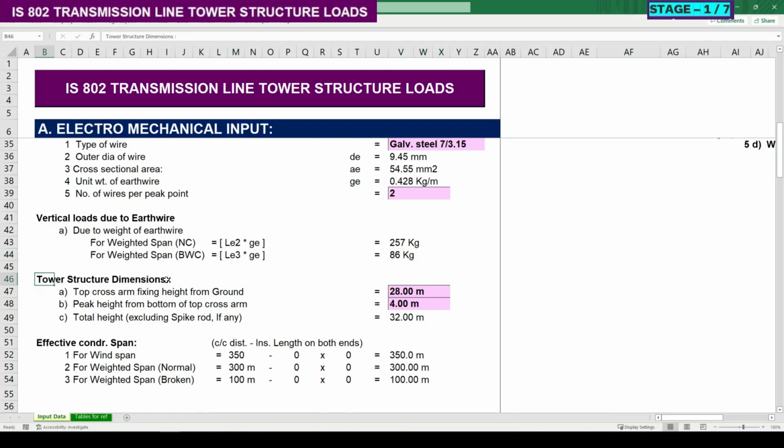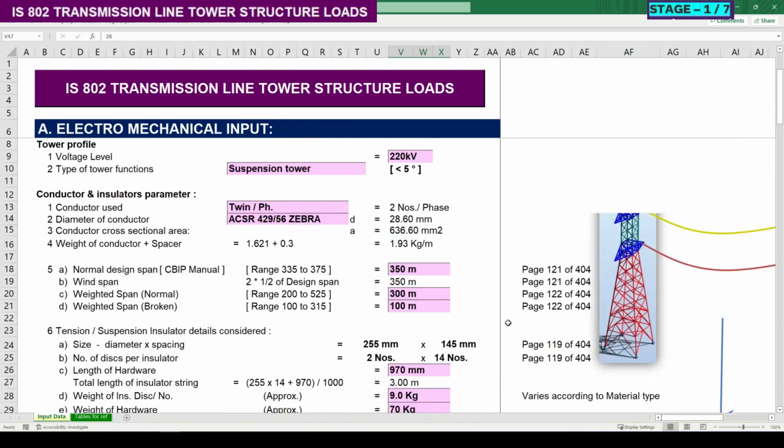Then for tower structure dimensions, we can get this information from our earlier videos on modeling of a 220 kV double circuit transmission line tower in Robot Structural Analysis. In that, the top cross arm fixing height from ground level is 28 meter.